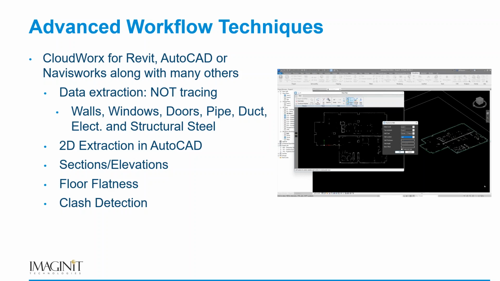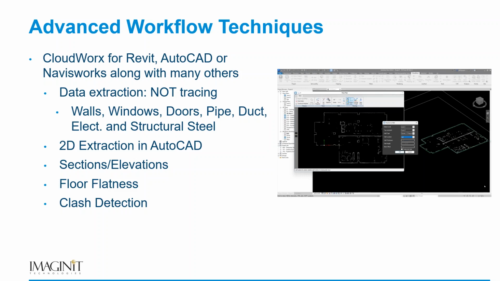Additional tools, if you're using CloudWorks for AutoCAD or CloudWorks for Revit, some people know this, some people don't: there are floor flatness tools inside the CloudWorks software. They do a fantastic FF/FL analysis. I can also do clash detection directly inside of Revit and AutoCAD using 3D models and the point cloud.